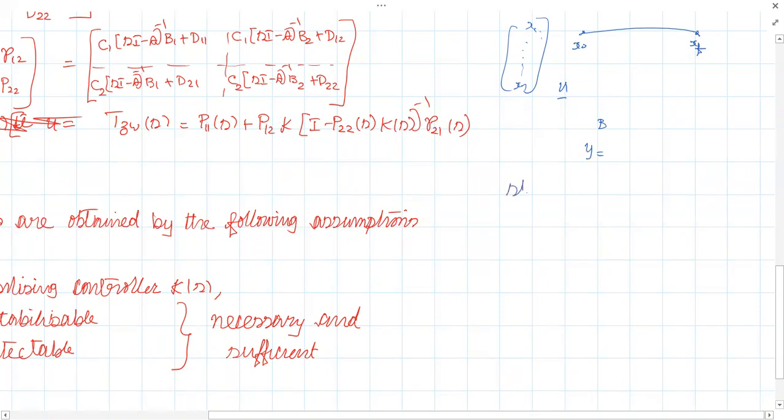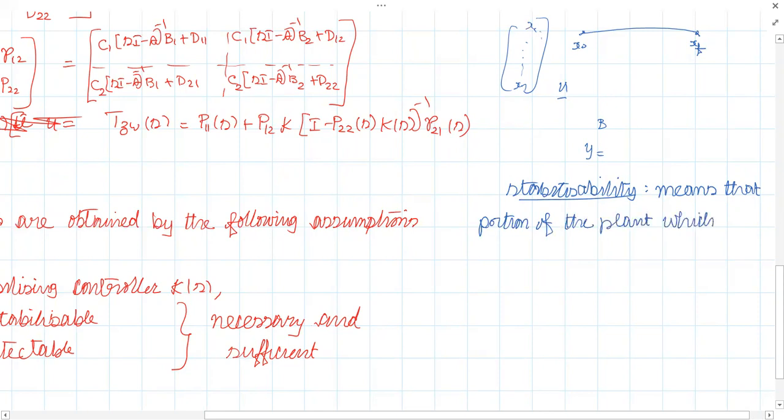Stabilizability means that the portion of the plant which is unstable is controllable.